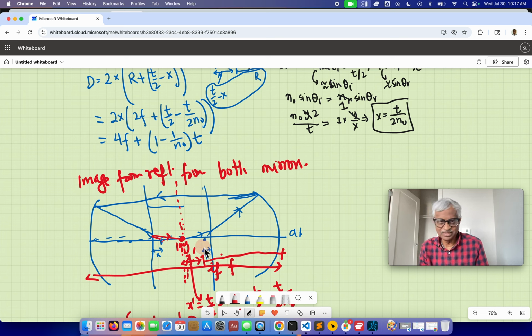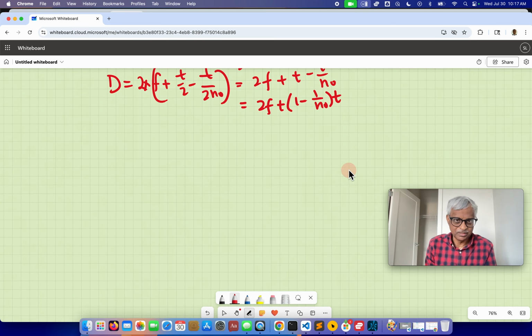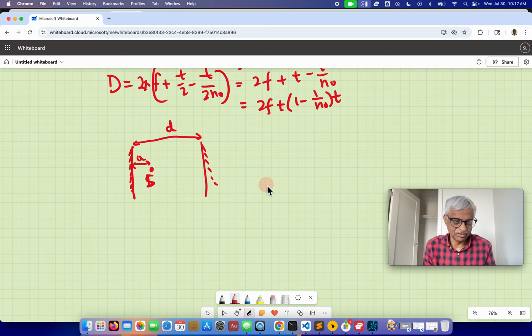Okay, you should try to solve a very similar problem where you use a plane mirror and another plane mirror, and you put an object over there, source over there at distance a, and this distance say is d, and you look at all the images that you're going to see, whether you look in that direction or you look in that direction, you're going to see a whole bunch of images.